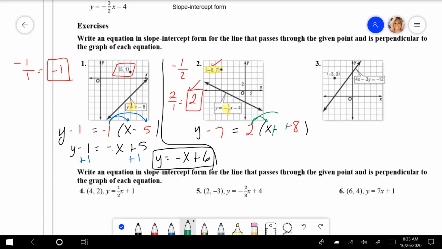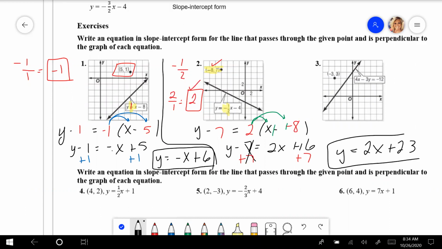Now I can do the distributive property. So I get y minus 7 equals 2 times x is 2x, 2 times 8 is 16. I'm going to add 7 to each side. I get y equals, these cancel, 2x plus 23. This would be the line that is perpendicular to this one and goes through this point.